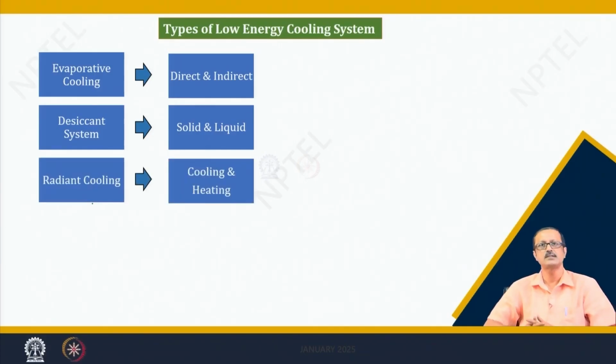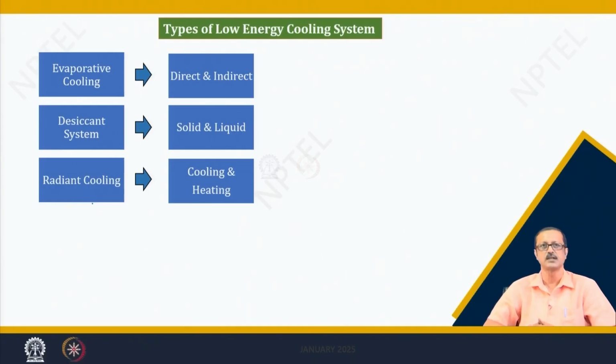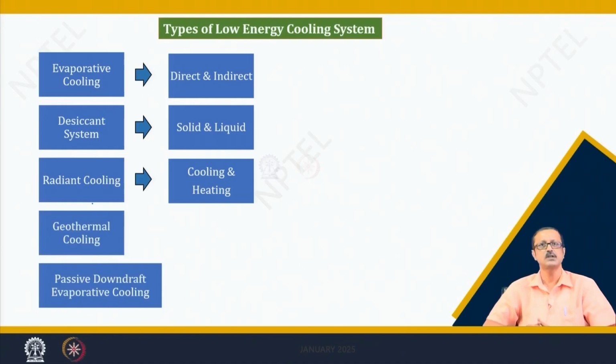We have a radiant cooling system. That is another type of cooling system, which is also very economical and comes under the low energy cooling system strategies. That we will discuss in the next lecture. We have geothermal cooling and also passive downdraft evaporative cooling.